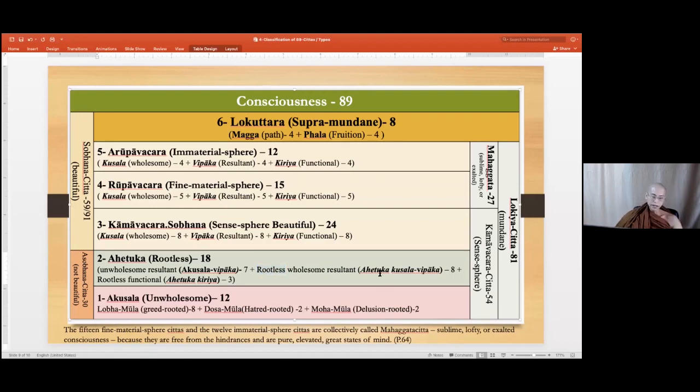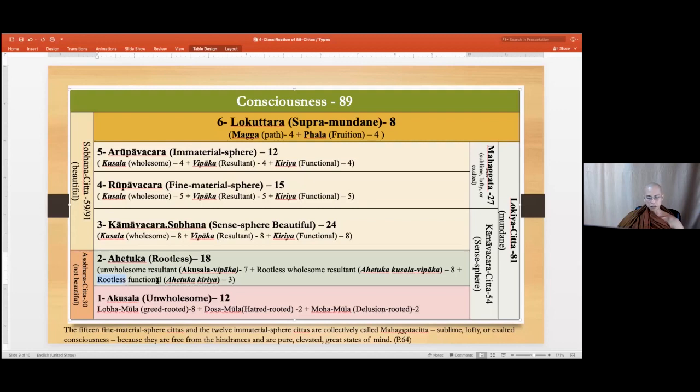So the second classification of ahetuka consciousness is rootless wholesome resultant consciousness. They are 8 in number. And the last type of ahetuka consciousness is rootless functional consciousness. Here also we need to add the word rootless because there are other types of functional consciousness in the above 3 types also. That's why, in order to differentiate from them, we need to add rootless.